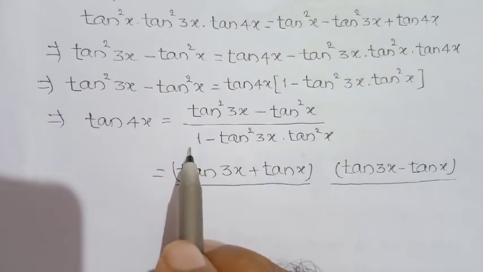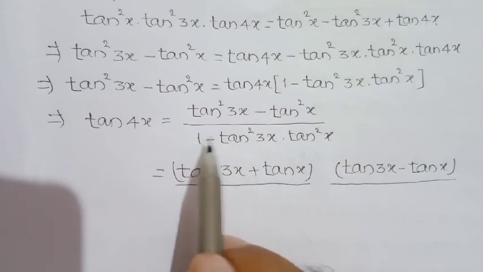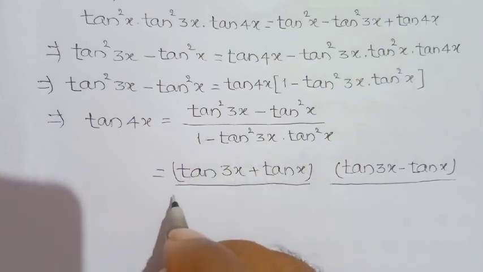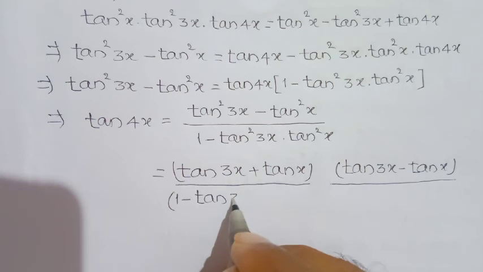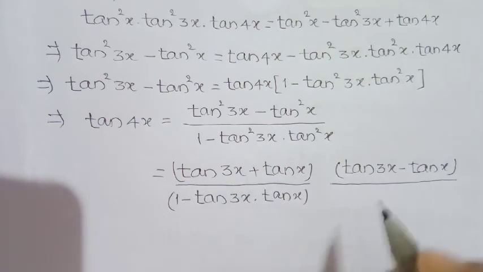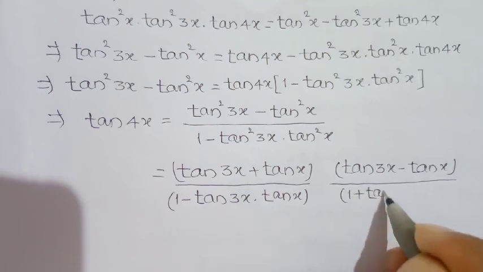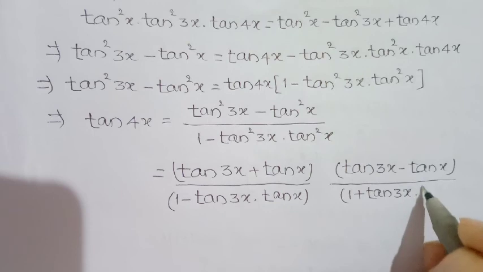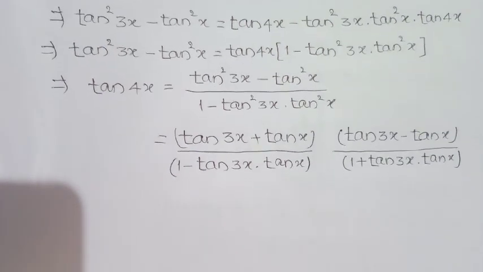A square minus b square is a minus b into a plus b, so it should be written as 1 minus tan 3x into tan x, and 1 plus tan 3x into tan x.